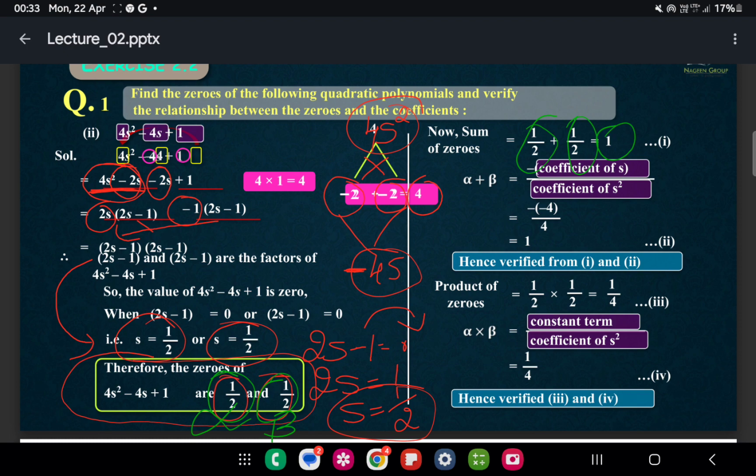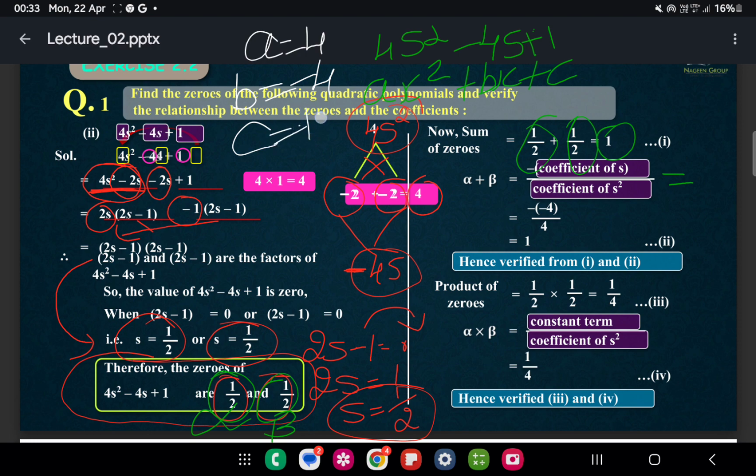By the formula method we can see that alpha plus beta equals minus coefficient of s divided by coefficient of s square. Already we have taken like this: 4s square minus 4s plus 1. Apply ax square plus bx plus c. A is 4, b equals minus 4, c equals plus 1.